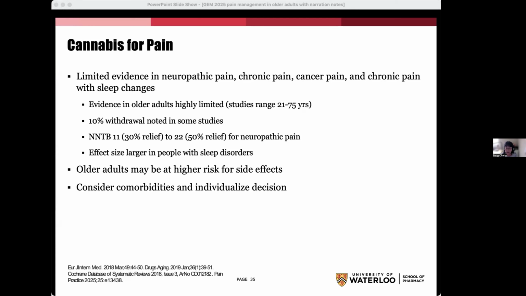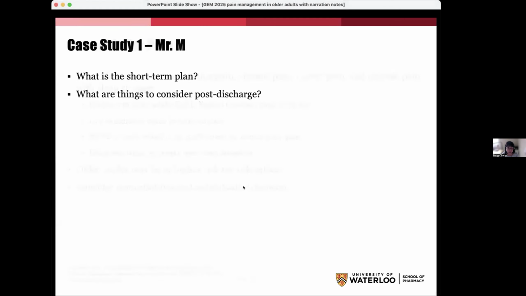The best evidence we have is probably in pain coexisting with sleep disorders. So if you have patients that fit into that window, this might be a choice they want to explore. With Mr. M, going back to the plan, you want to set up a short-term plan, probably looking at analgesic control, and then a longer-term plan.